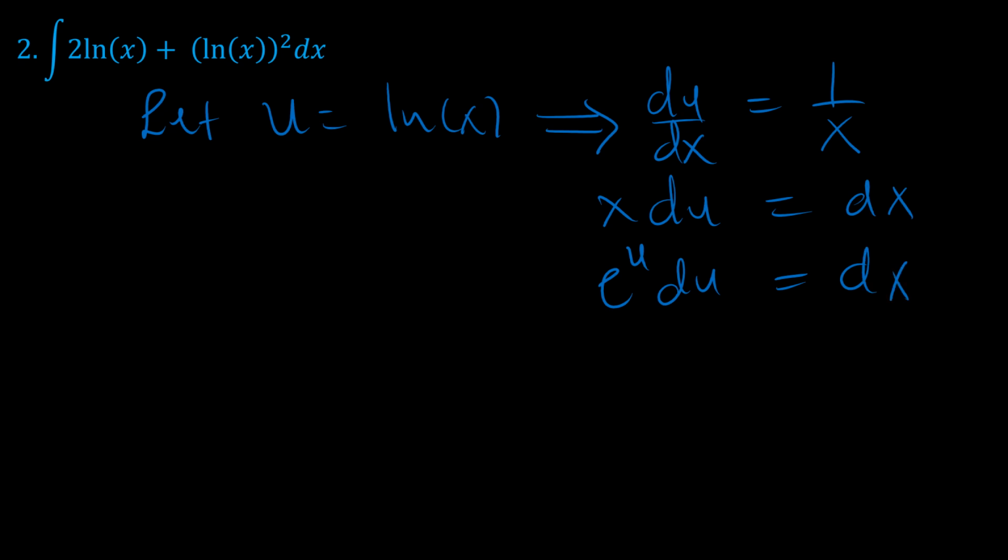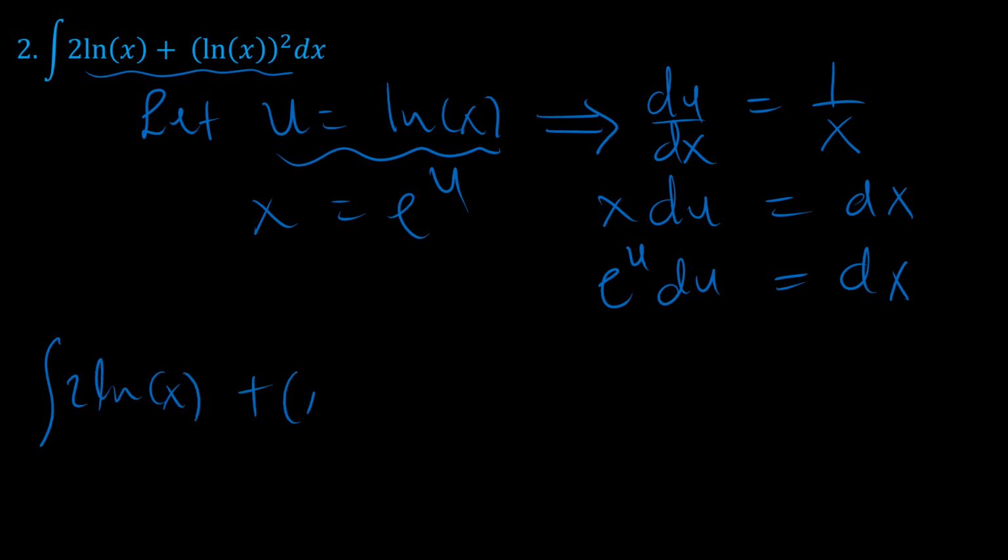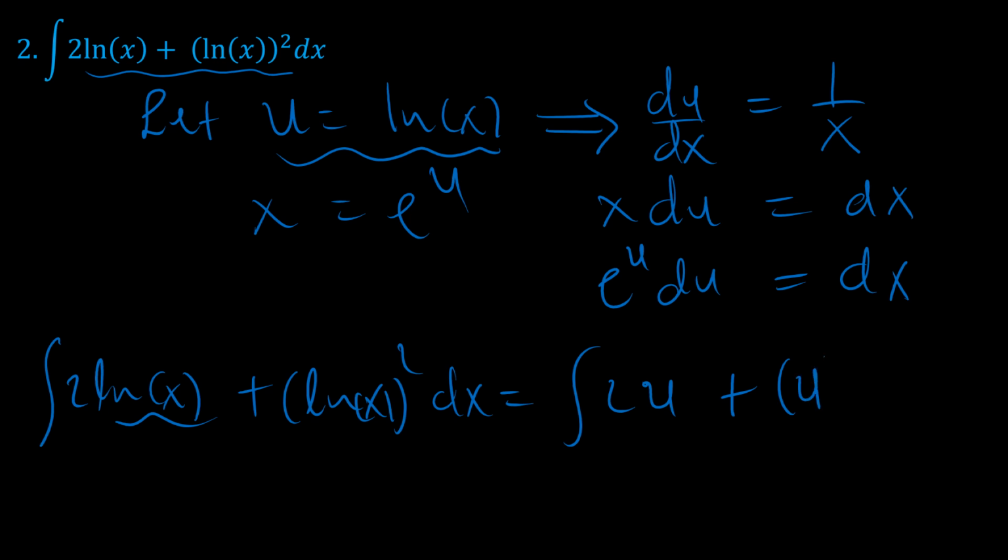Why? Because from this expression, x is the same as e to the power u. And so bringing this down now, the integral of twice natural logarithm of x plus natural logarithm of x squared: twice natural logarithm of x is the same as u, and natural logarithm of x squared becomes u squared, and in place of dx it becomes e^u du.